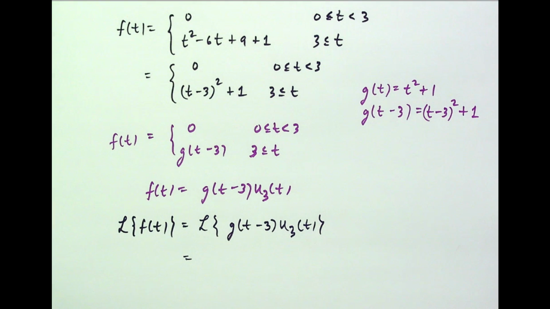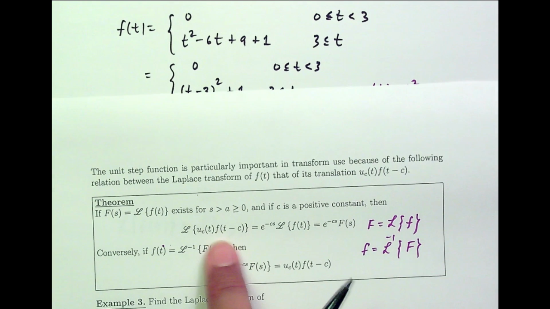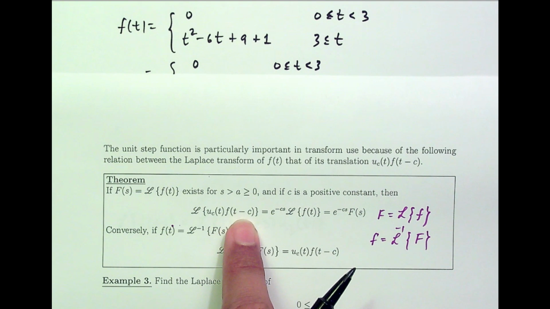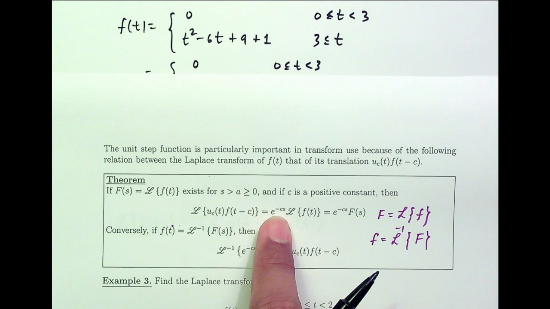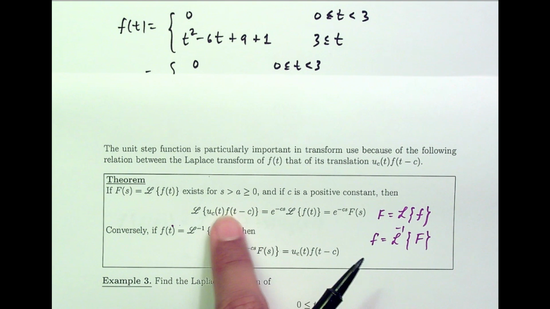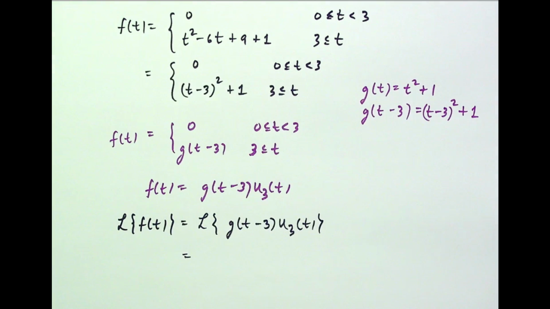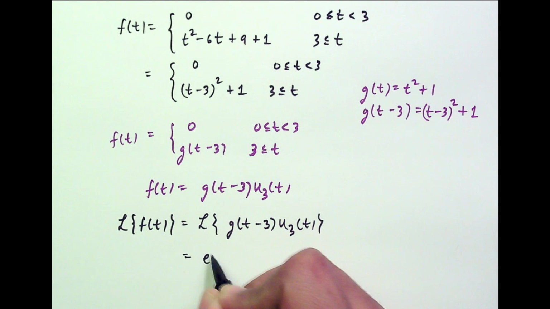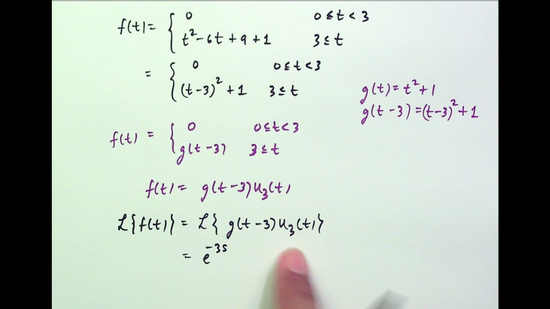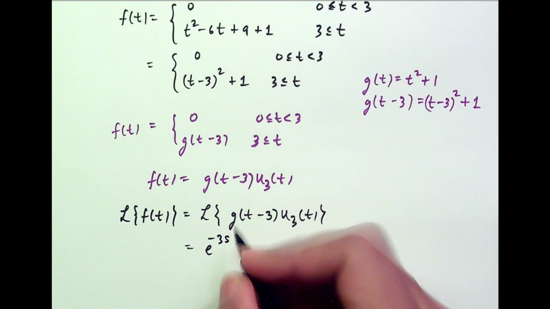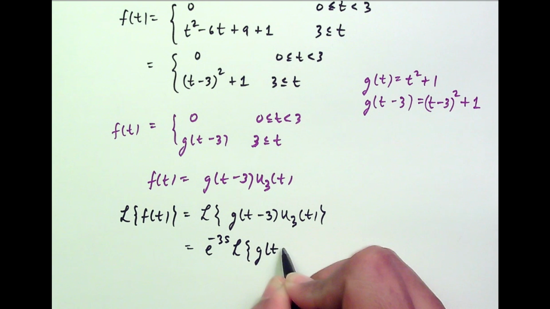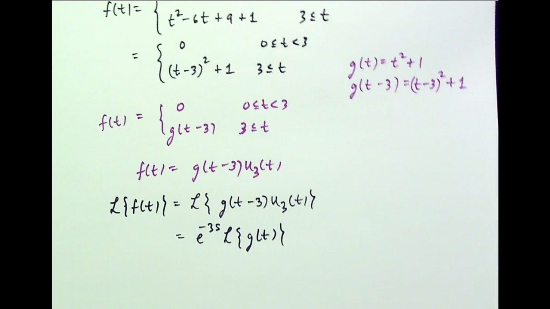The formula tells me if I want the Laplace transform of a Heaviside function times some translation, then I get e to the negative cs times the Laplace transform of the function next to the u without the translation. So this is going to be e to the negative 3s. Note that the 3's match. If these didn't match, I couldn't do anything. E to the minus 3s times the Laplace transform of the g without the translation.